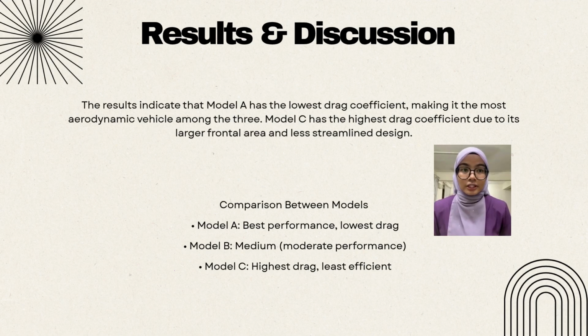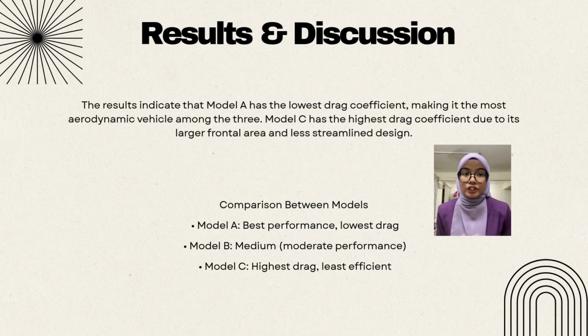Next, we will discuss the result obtained from the analysis based on the data collected. It can be observed that Model A has the lowest drag coefficient among the models. This indicates that Model A has the best aerodynamic performance because lower drag means less air resistance acting on the vehicle. In contrast, Model C records the highest drag coefficient. This is mainly due to its large frontal area and less streamlined body design, which increase the air resistance when the vehicle moves through the air.